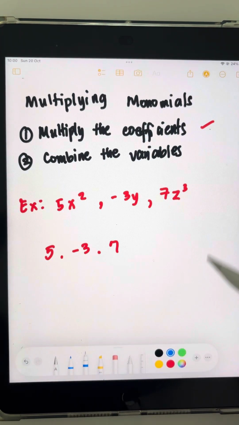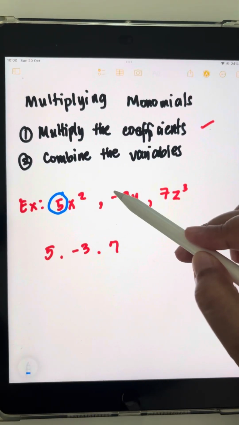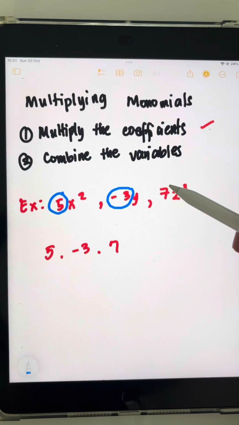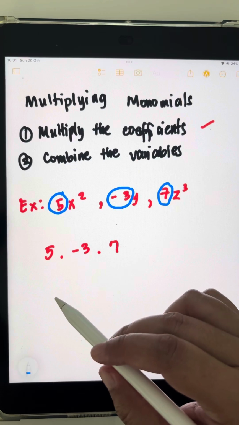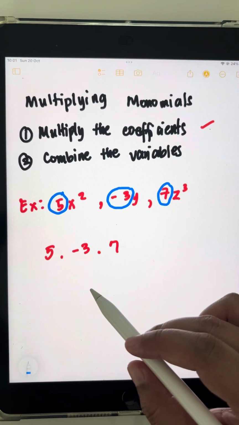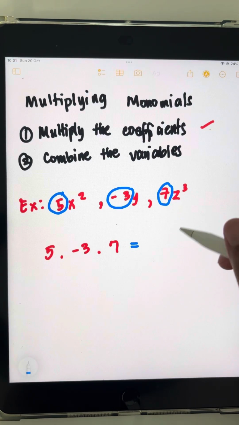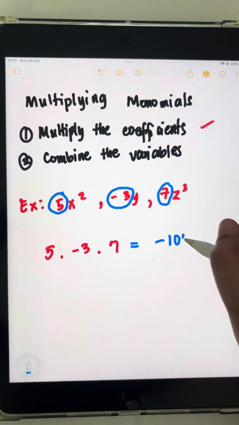These are the coefficients: 5, negative 3, include the sign also, and then 7. So 5 times negative 3 times 7 is negative 105.